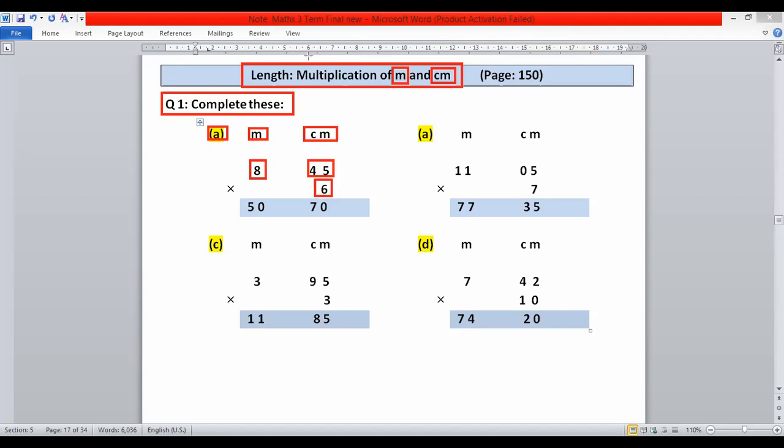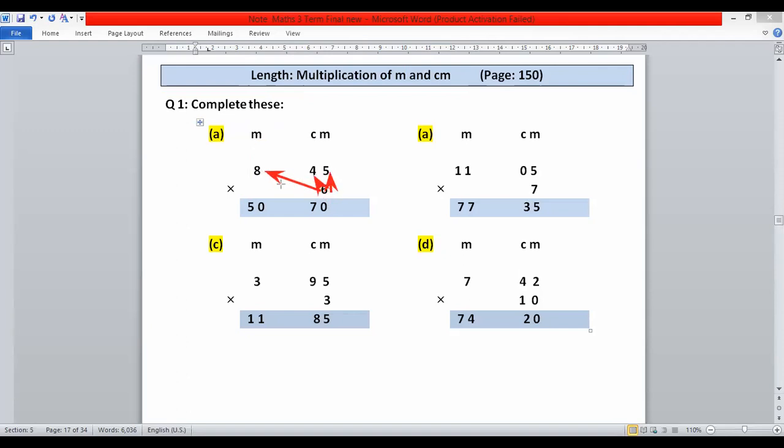First of all, we will start the multiplication from 5 on the right. We multiply 6 with 5 first, then 6 with 4, and after that 6 with 8.